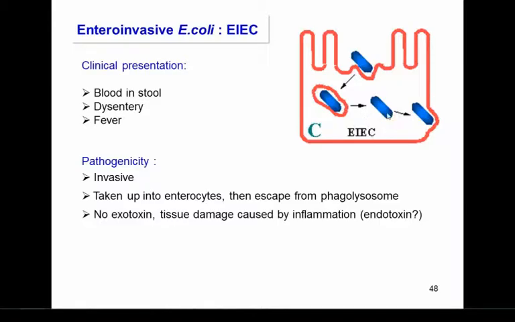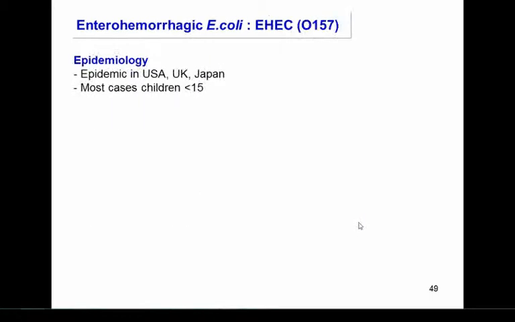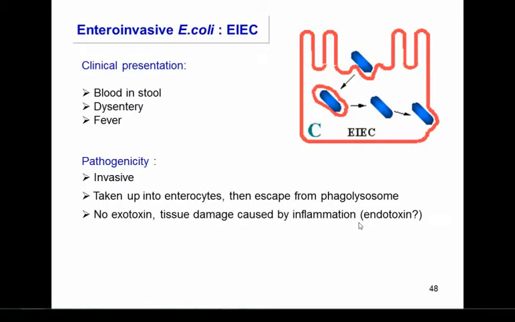However, what you do have is LPS, endotoxin here, which is in the presence of components of the cytosol. It's not where it should be. So you'll have tissue damage caused by inflammation. So these cells that are infected will be killed. You have a lot of endotoxin here, so neutrophils will come in and you'll have inflammation and damage in the intestinal epithelium.